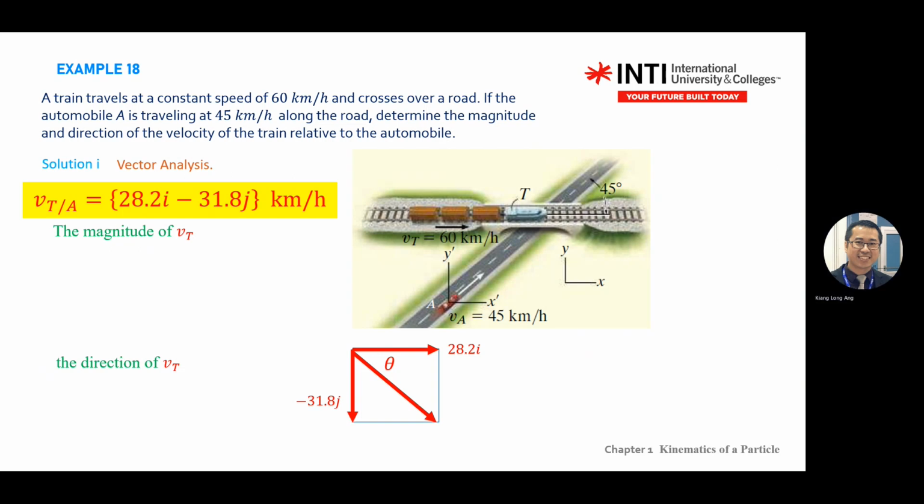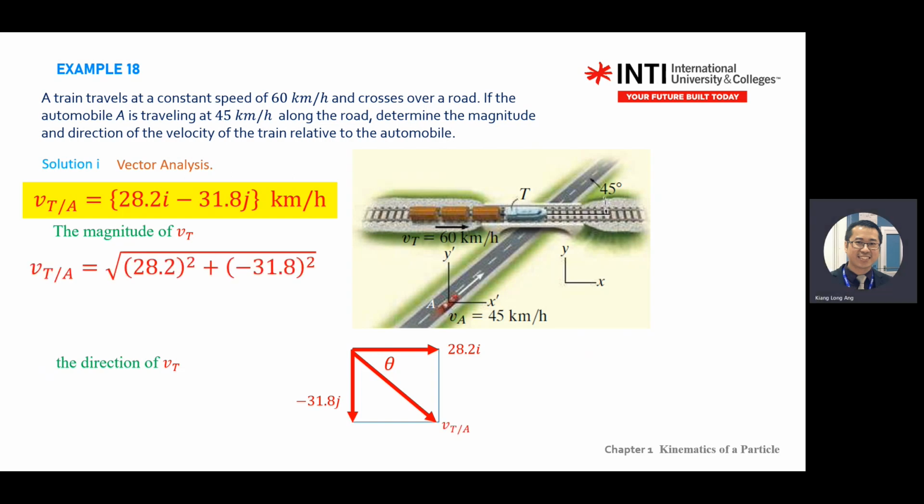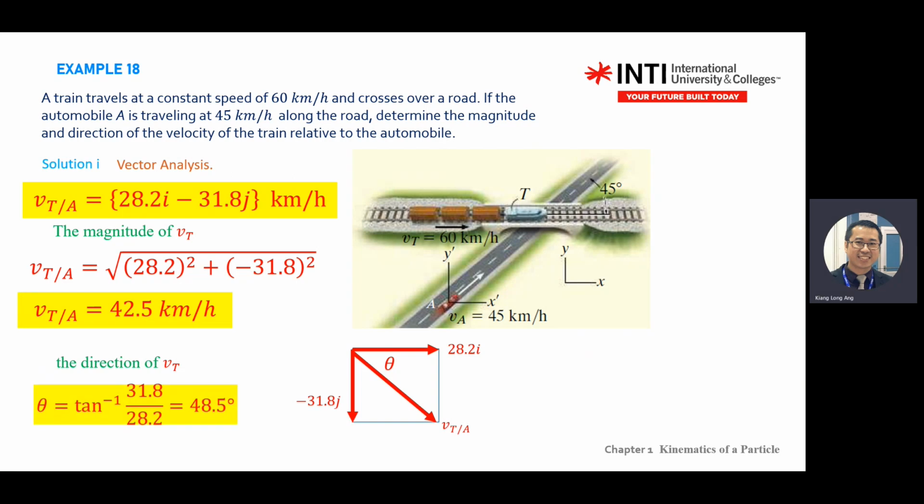So basically, you're completing the vector diagram. You can find the magnitude: square this one, square root. You get the magnitude. For the angle, you use trigonometry, either tangent, cos, or sine, depending on the values you have. Normally, it's tangent. Right, so this is how we solve this question.